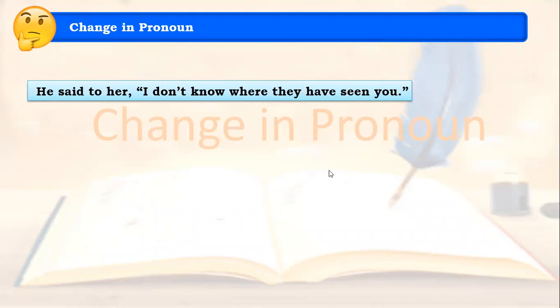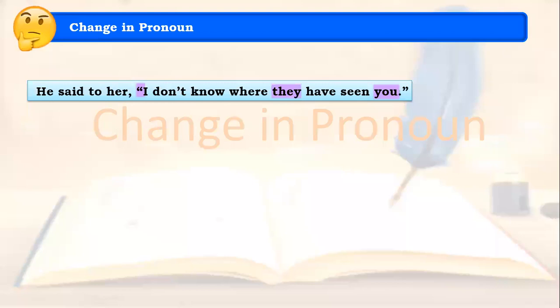Now, in this case, let's divide the sentence into two different parts for our study. Right now, only focus inside the inverted commas. Inside the inverted commas, we have the pronouns, that is, I, they, you.